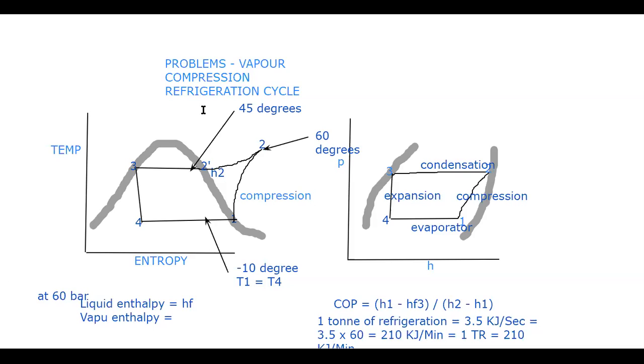Now he has given a table also. I sent you one more thing in the Slack. Just look at the next sheet. The next sheet is the actual solving of the problem. Now if you see how to solve this problem, I have already drawn the same diagram on that whiteboard, correct? So 1 to 2 compression, then 2 to 2 dash, 2 dash to 3, like that.